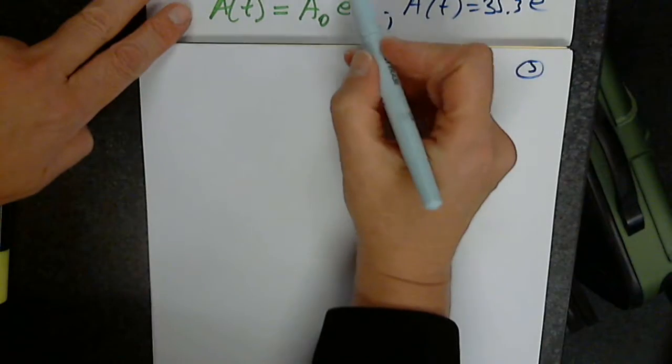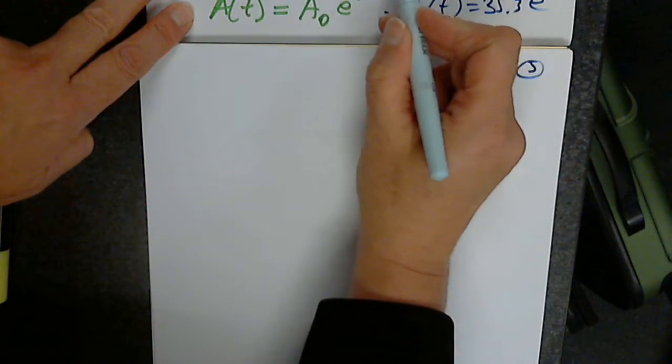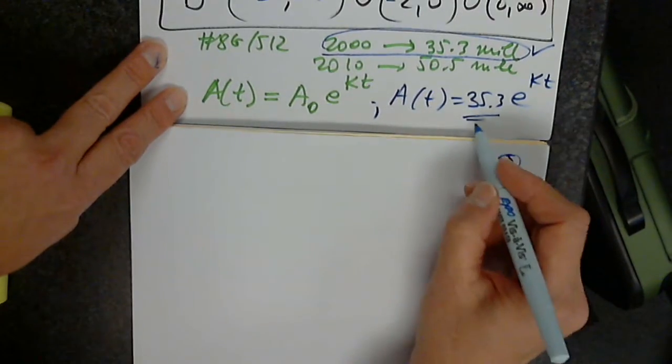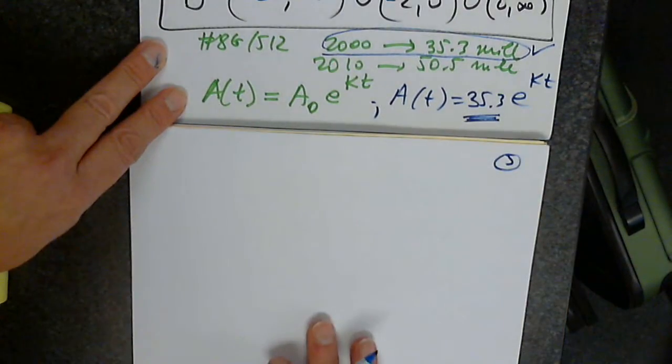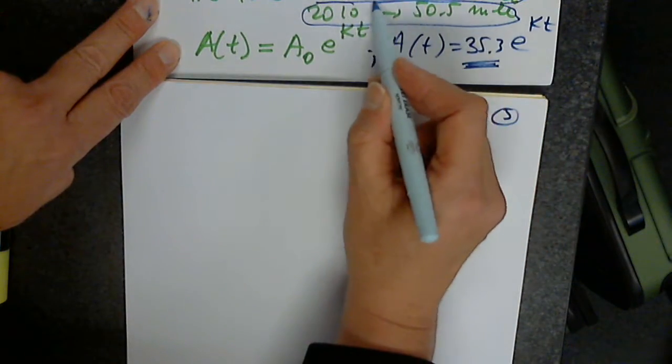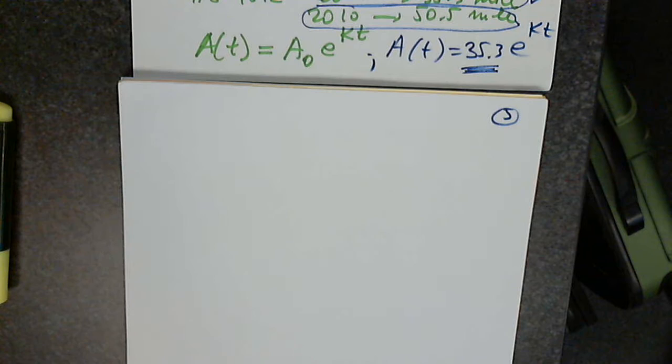So basically, this was already used, because it gave us the 35.3. What I did not use yet is this information. And we are told, t years after 2000.